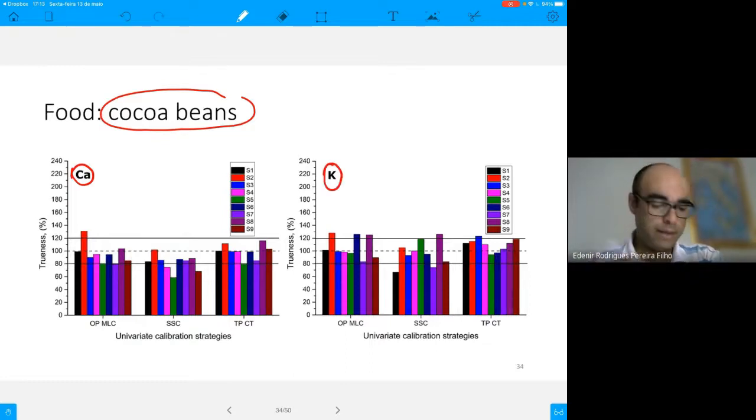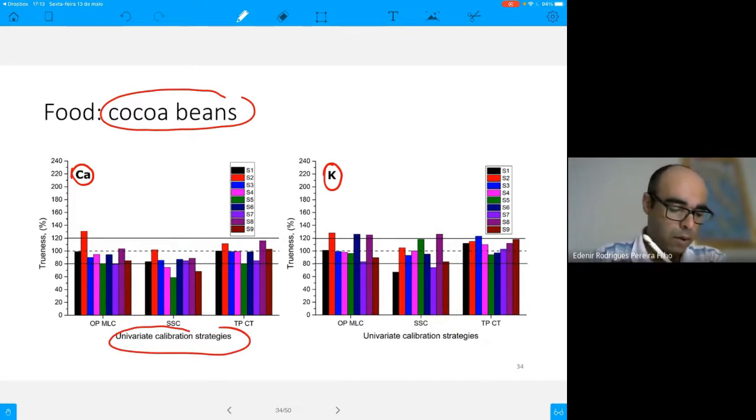We tested several univariate calibration strategies like single sample calibration and two-point calibration transfer, and the trueness, the accuracy of the results, was around 80 to 120% for calcium and also for potassium.